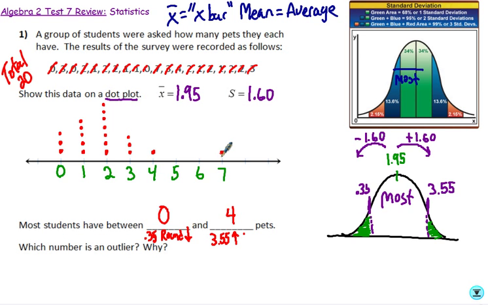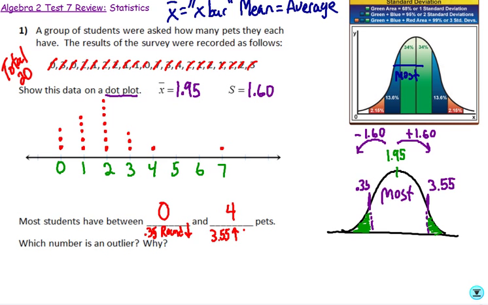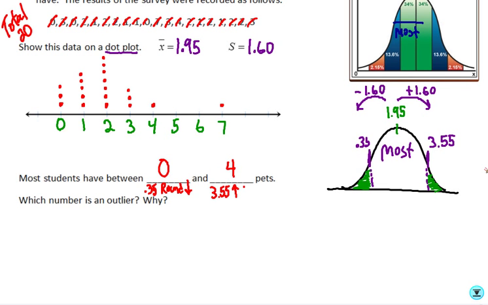And so that gets into the last part of the question, which is asking, okay, well, which number is an outlier and why? So an outlier is a number that lies outside of the range of most of the data points. The outlier, you notice that this is far away from the rest of the group. So we would say that that would be an outlier.